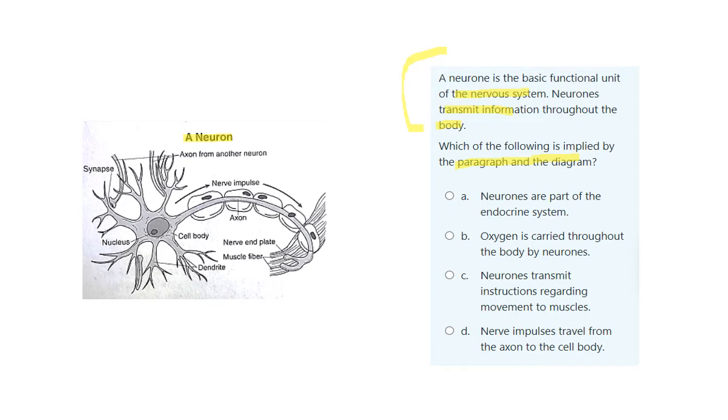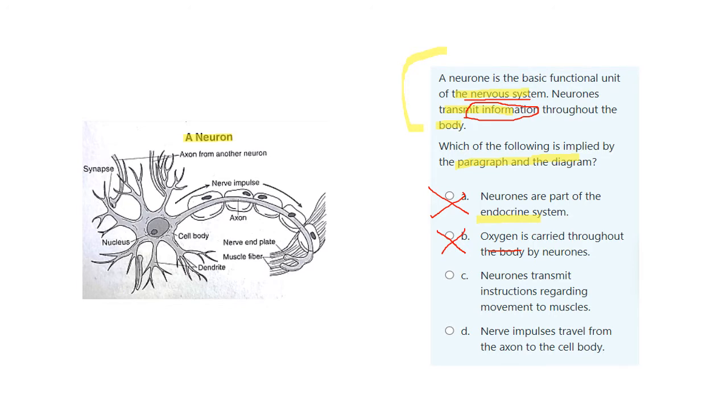A, neurons are part of the endocrine system. Well, no. They are part of the nervous system, not the endocrine system. B, oxygen is carried throughout the body by the neurons? No, they transmit information. They send messages, not oxygen.